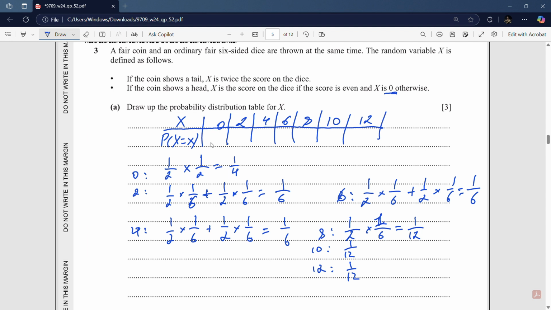So we're having 0 with 1 over 4, then 1 over 4, 1 over 6, also 1 over 6, then 1 over 12, 1 over 12, 1 over 12. So their sum should be equal to 1.